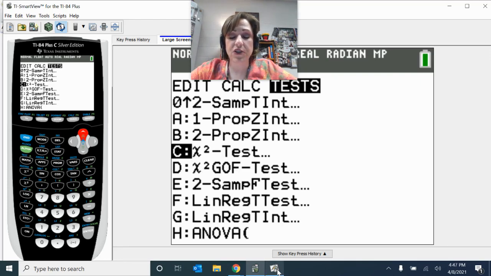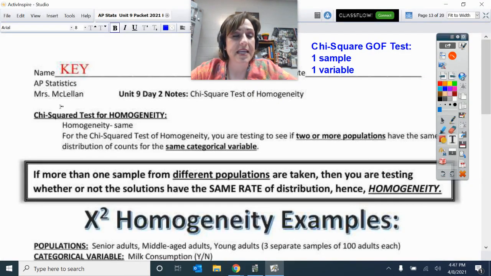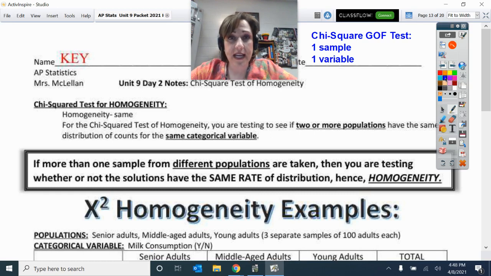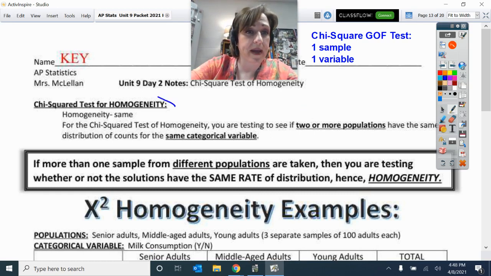Let's take a look at what that is and what that means. There's two kinds. One is called homogeneity, and that's the one we're going to talk about today. So chi-squared test of homogeneity. And then chi-squared test of independence, which we'll talk about tomorrow.